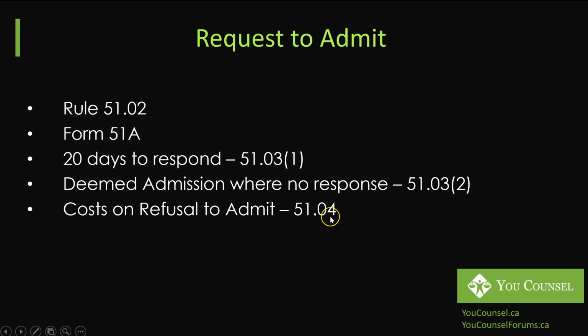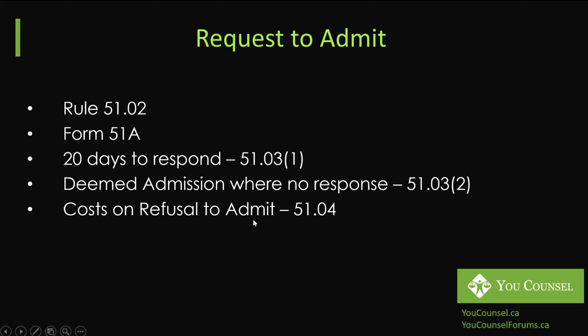Now, this is the most important part that I want you to keep in mind, which is the main reason why we want to make this request to admit. If a party refuses to admit a fact or authenticity of a certain document, and at trial you are able to prove that fact or the authenticity of that document, then there are negative cost consequences for the other side. So what the court is doing here is making the parties reasonable with respect to the things that they have to prove at trial.